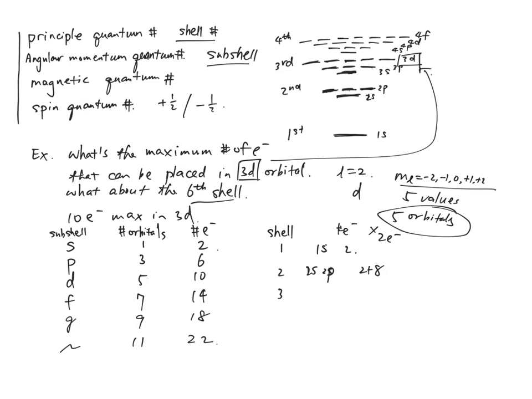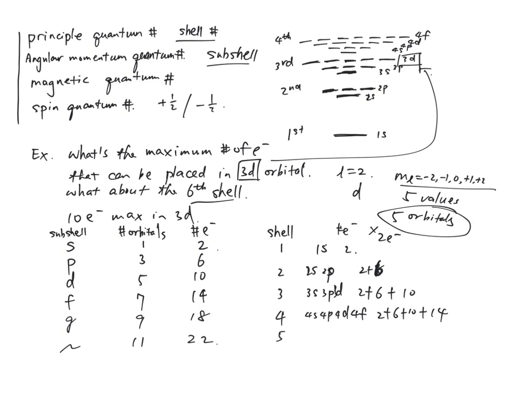Third shell, 3s, 3p, 3d: 2 plus 6 plus 10. Fourth shell, 4s, 4p, 4d, 4f: 2 plus 6 plus 10 plus 14.